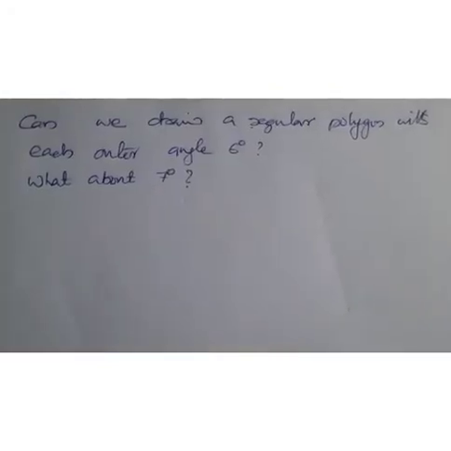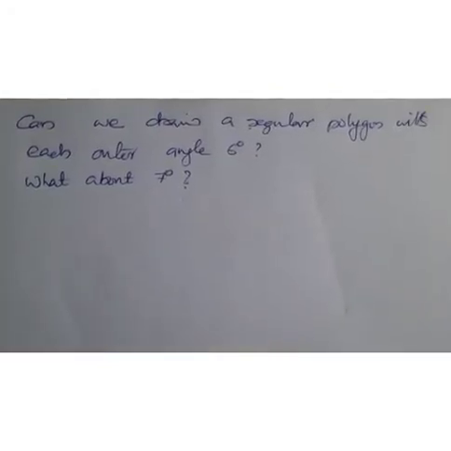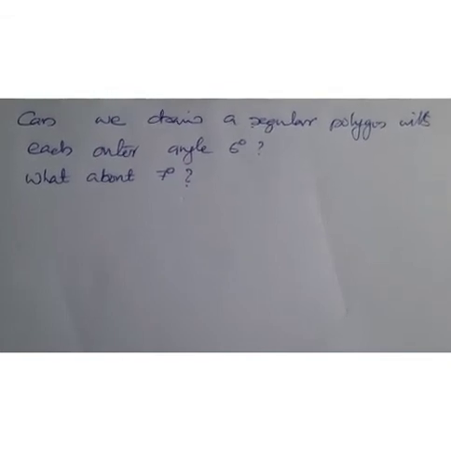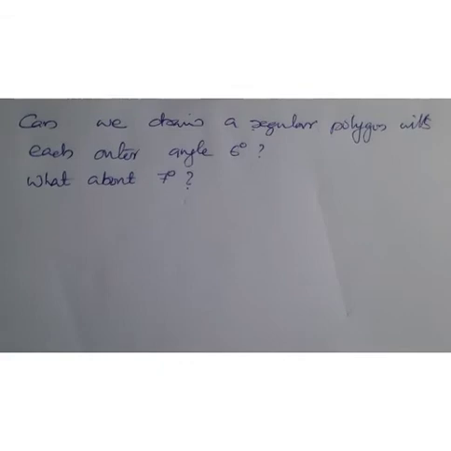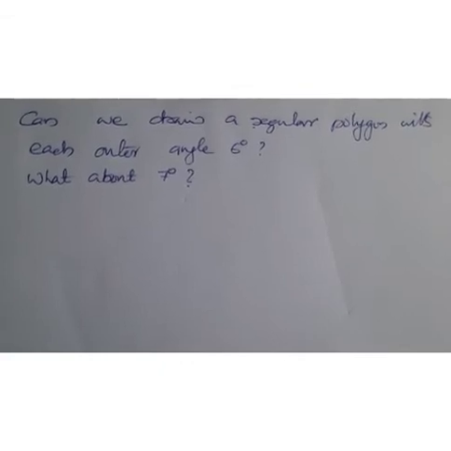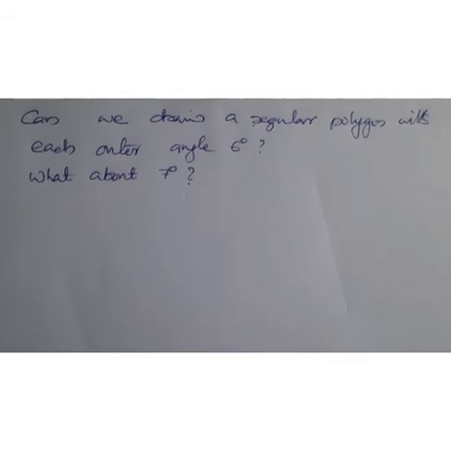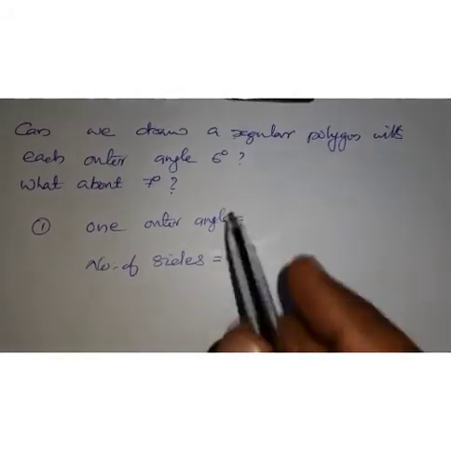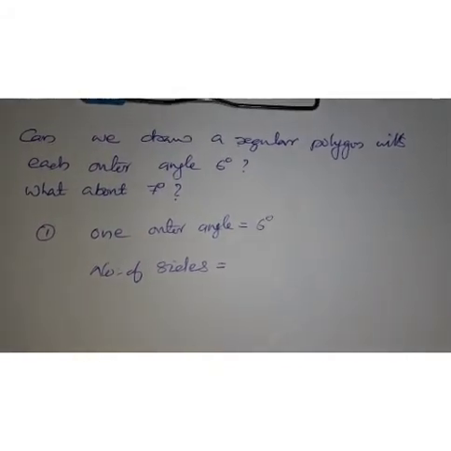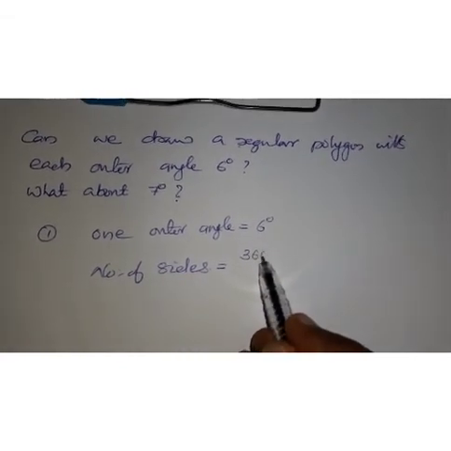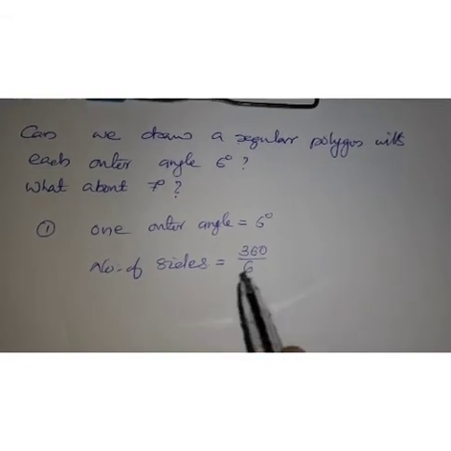Next question. Can we draw a regular polygon with each outer angle 6 degree? Can you draw it? Then what about 7 degree? One outer angle is 6 degree. Number of sides is equal to sum of outer angles by one outer angle.